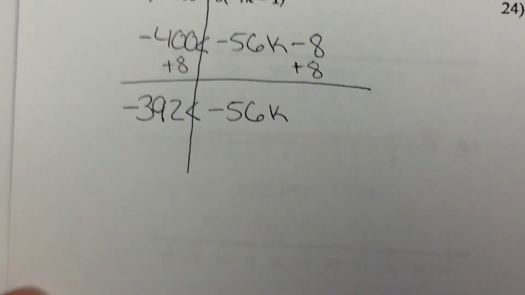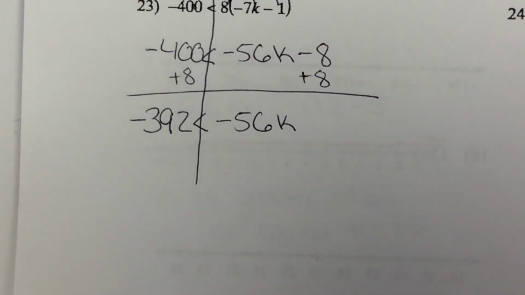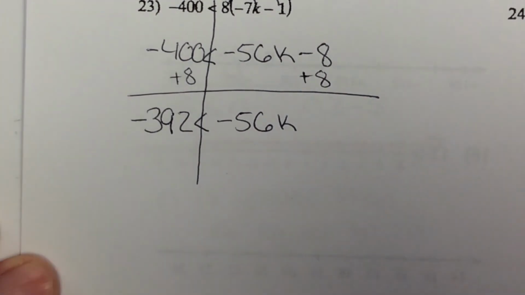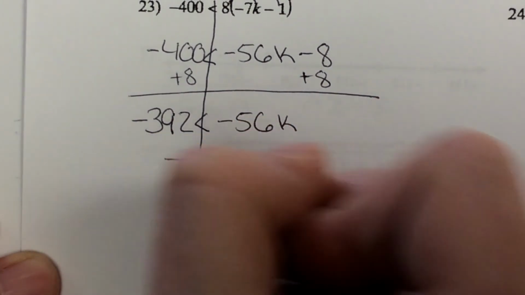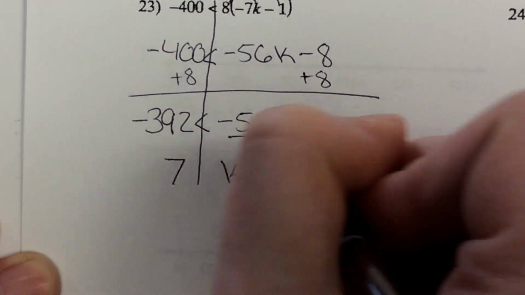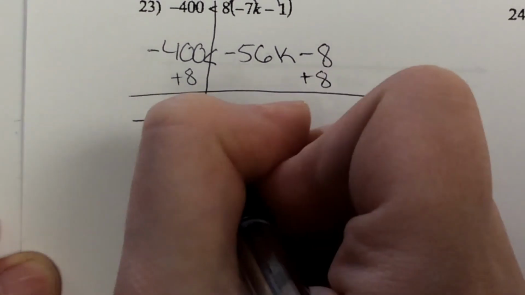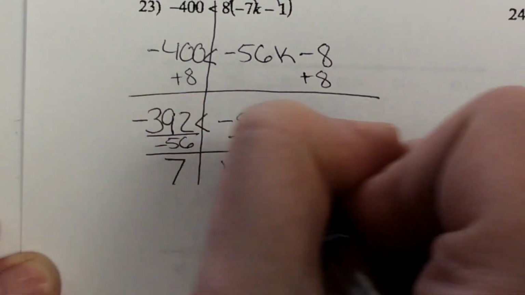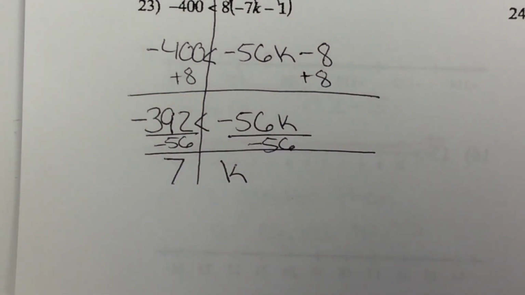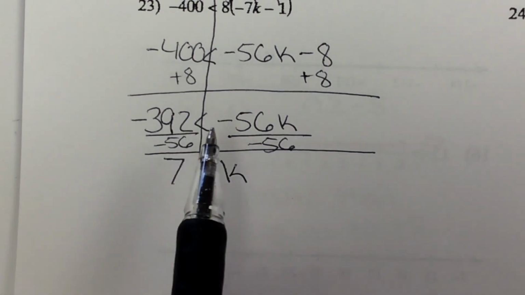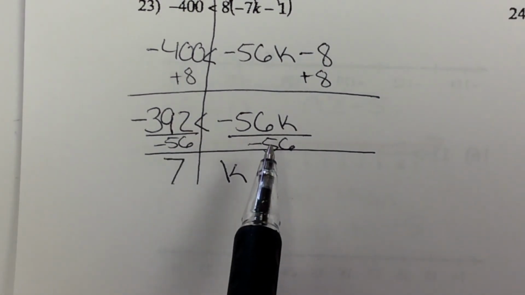All right. I don't know this off the top of my head, and I really wouldn't expect you to either, so let me grab my calculator. Negative 392 divided by negative 56, and we get positive 7. Okay, so we've got 7 and k. All right. Now, let's pay close attention to the way the sign should point. We divided by a negative number.